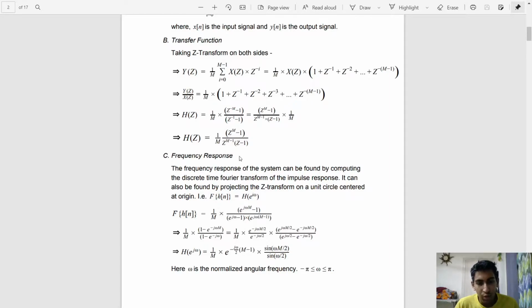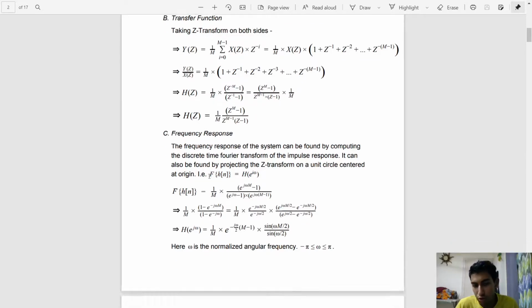The frequency response of a system can be found by computing the discrete time Fourier transform of that system, but since we have already found the z transform, it is trivial to find the frequency response by replacing z by e raised to power j omega. This is because the projection of the z plane on the unit circle centered at the origin gives us the frequency response also.